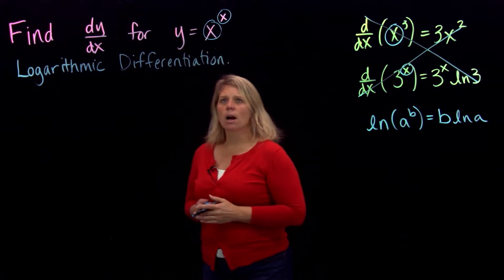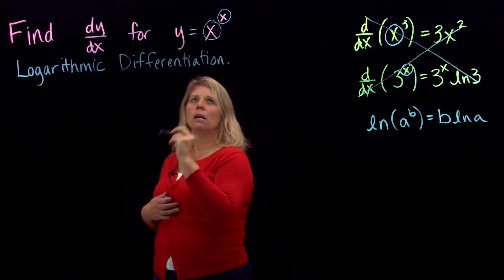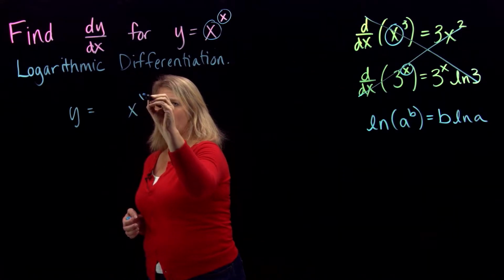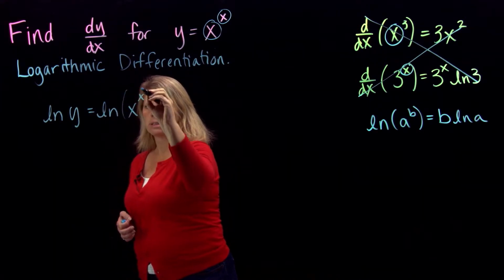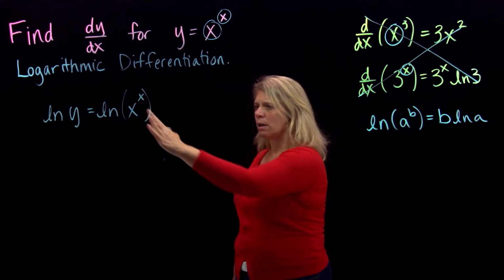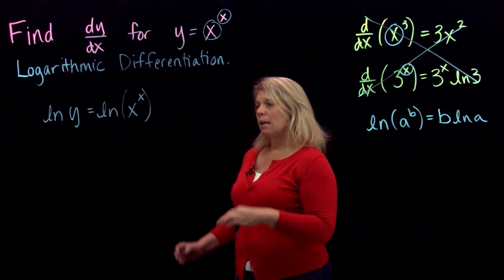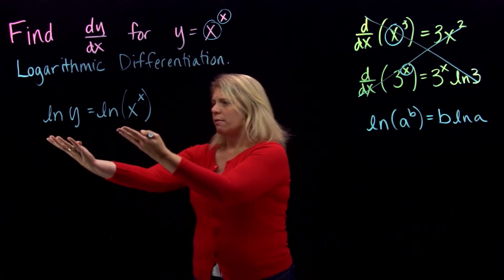Okay, so we're going to start by taking the ln of both sides of our original equation. I started with y equals x to the x, and I take the natural log of both entire sides. If I had more terms, I would need to take the ln of both entire sides. As long as I'm doing the same thing to both sides of the equation, I'm preserving the equality.